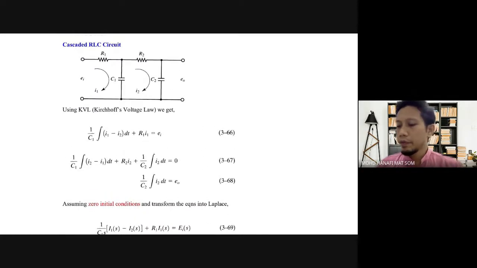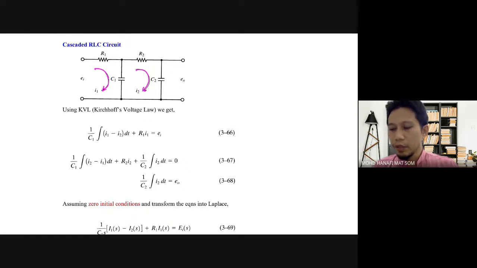Now we have 2 loops, I1 and I2. Again, using KVL, Kirchhoff's voltage law, we can get 3 equations.